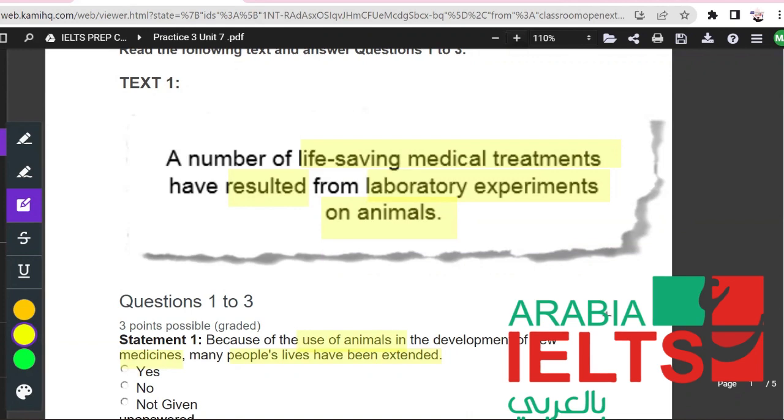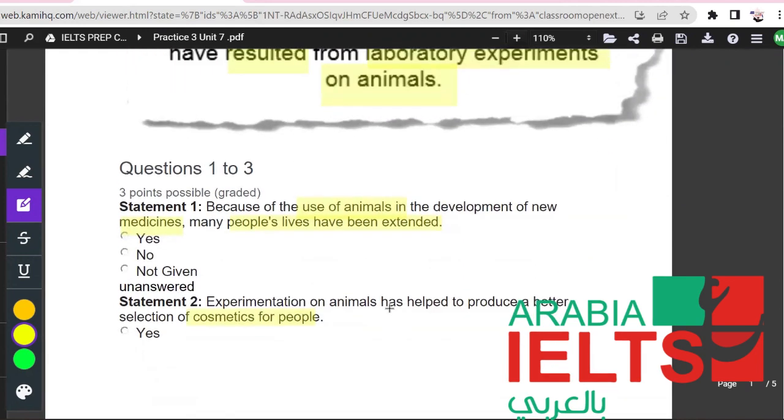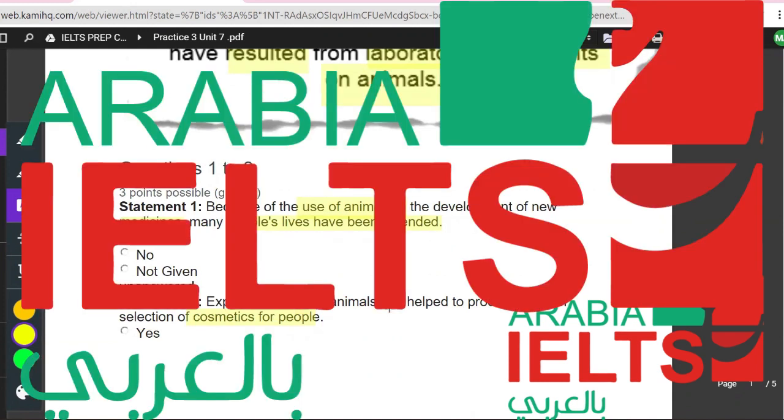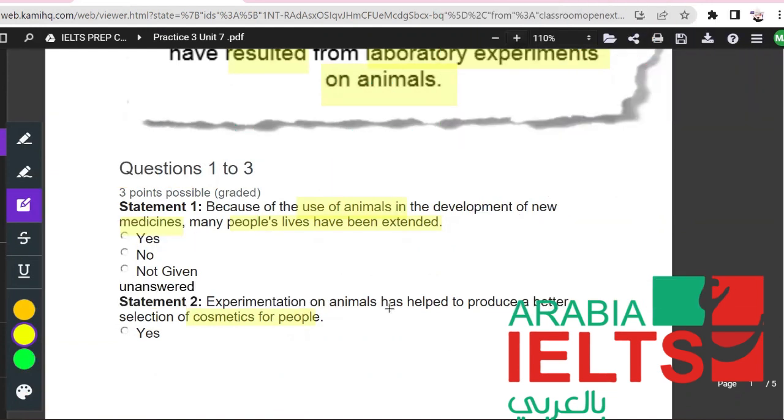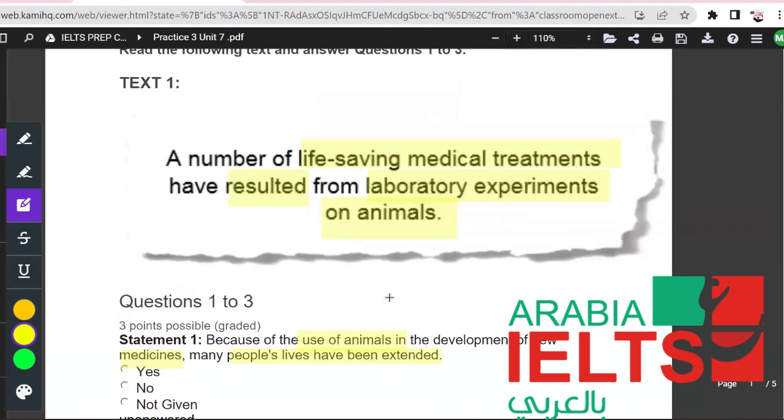The second statement says, the experimentation on animals has helped to produce a better selection of cosmetics for people. Yes, no, or not given? Again, the writer's fact: a number of life-saving medical treatments have resulted from laboratory experiments on animals.